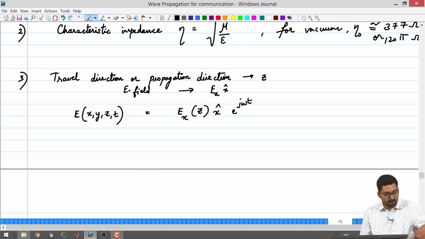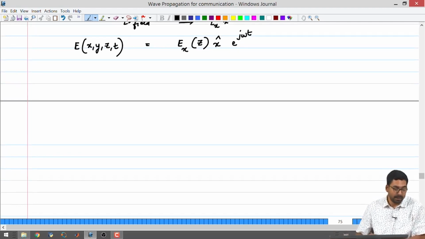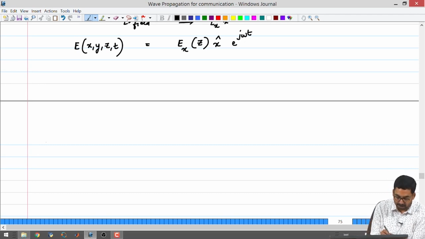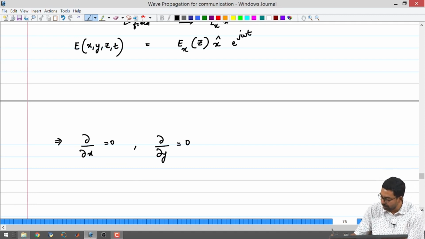So, first what we can do is start by writing down the wave equation in the frequency domain, or we can start to write the wave equation for the alternating source of electric field, similar to what we had written for the voltage. So, here once again to emphasize, dou by dou x is 0, dou by dou y is 0. These are very well known now already in the class.